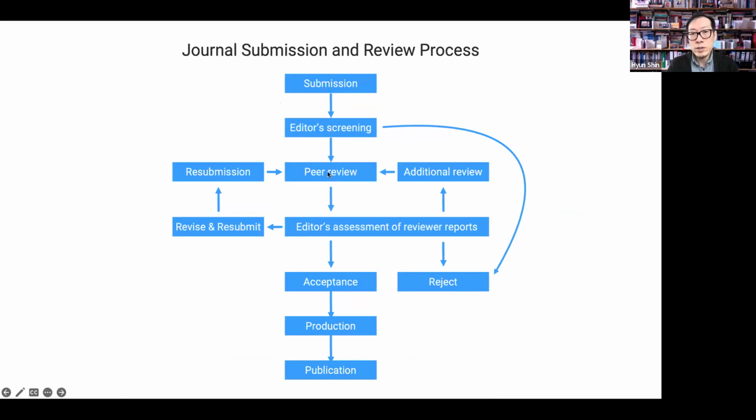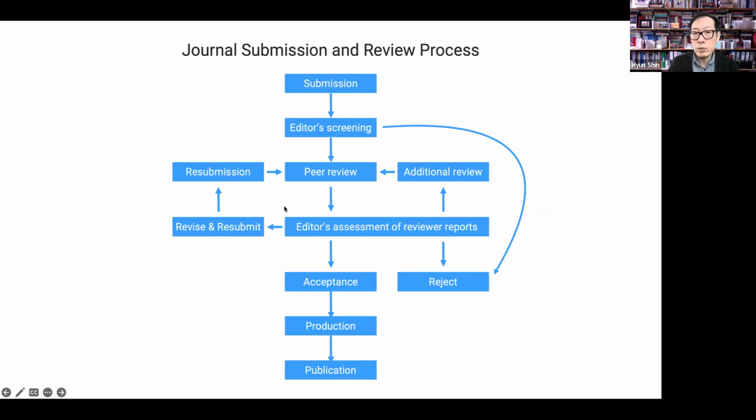After the peer review process, the editors will decide whether the paper is going to be accepted or rejected. In most cases, almost 99% will require some degree of revision, either full revise and resubmit, or minor revision or major revision before acceptance.